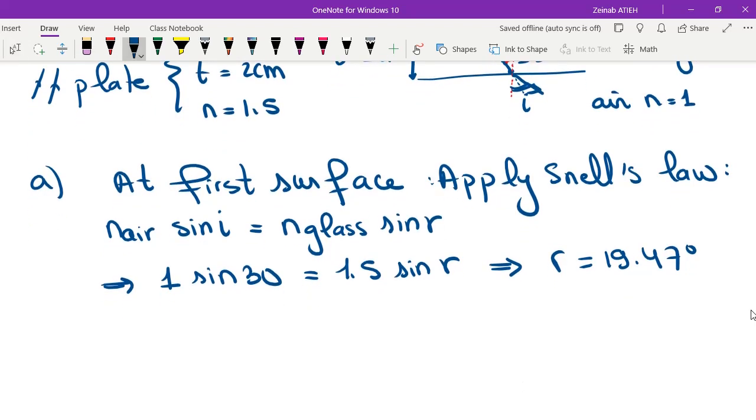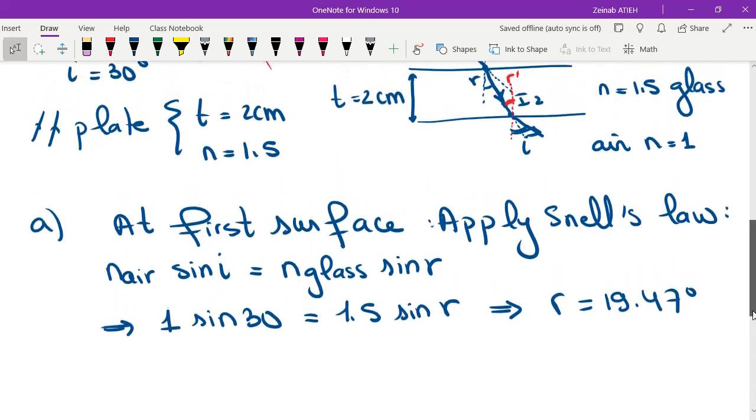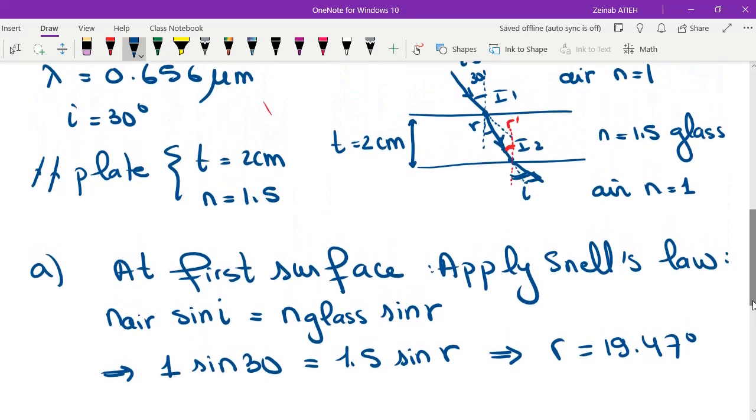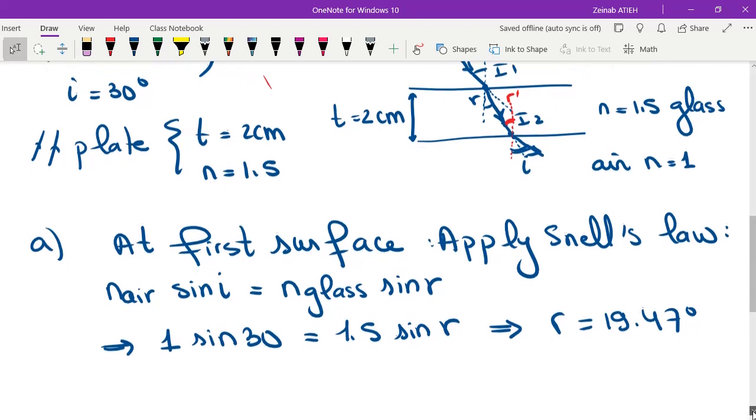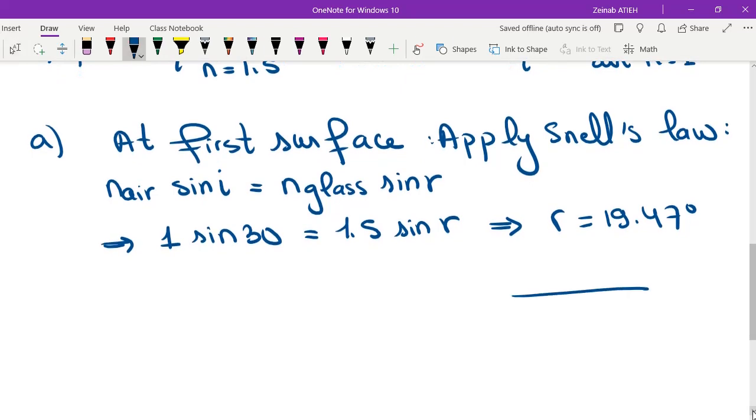Before I find I and apply Snell's law, it's obvious that R is equal to R prime because they are alternating angles. These are parallel, since it is a parallel plate cut by a line. I have a parallel plate, and a line cutting through it, with 90 here and 90 here.